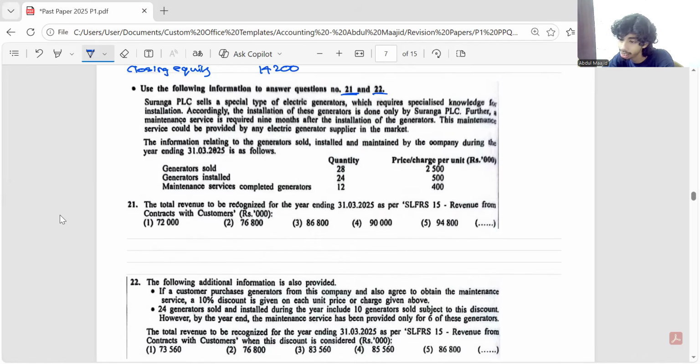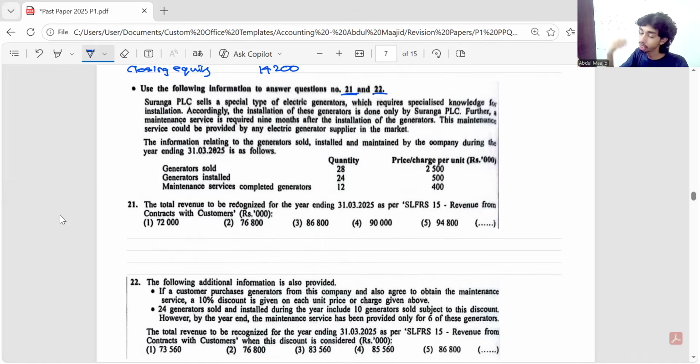Now, when we are recognizing revenue, we'll recognize the revenue if the control of it is passed to the customer, right? Now, if Suranga PLC didn't install the asset, they can't control it. They can't use it. To control, they should be able to use and get the benefit out of it. If Suranga PLC didn't install it, the customer cannot use it.